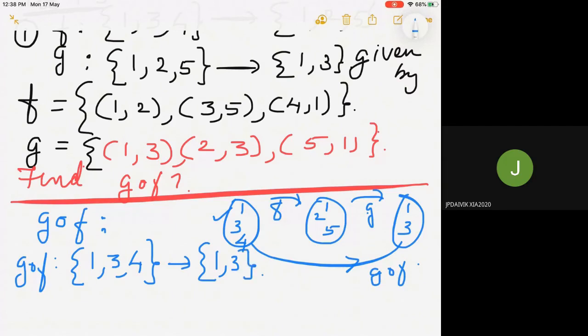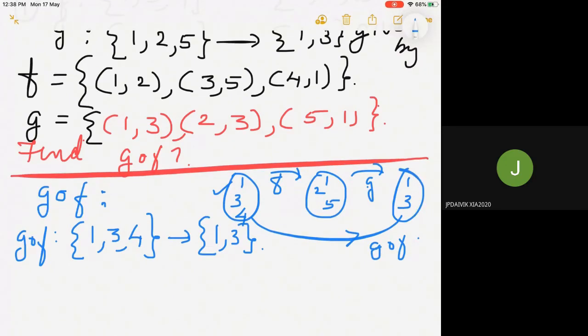Now the second part is you have to say the images. For finding out the images, let us start with every element of the domain of G dot F. What is the domain of G dot F? Nandita: 1, 3, and 4.